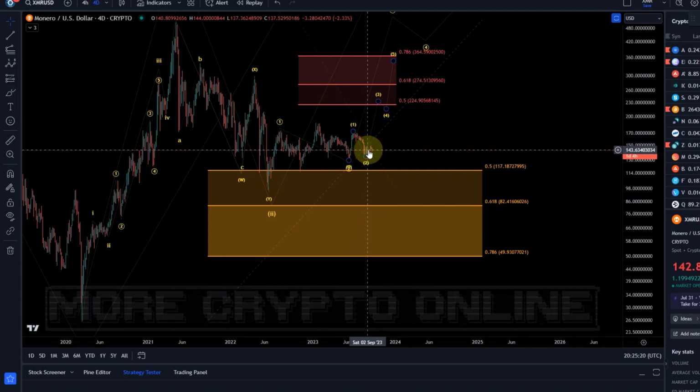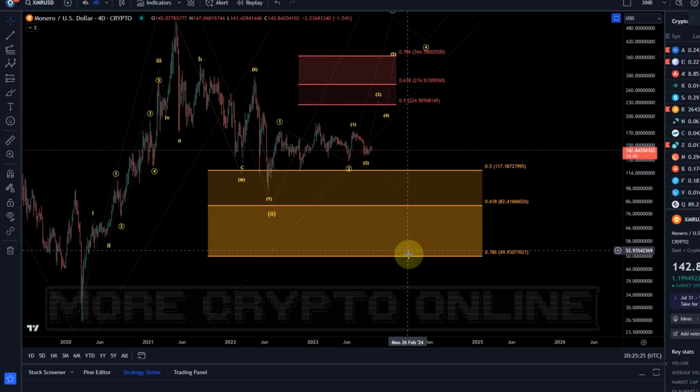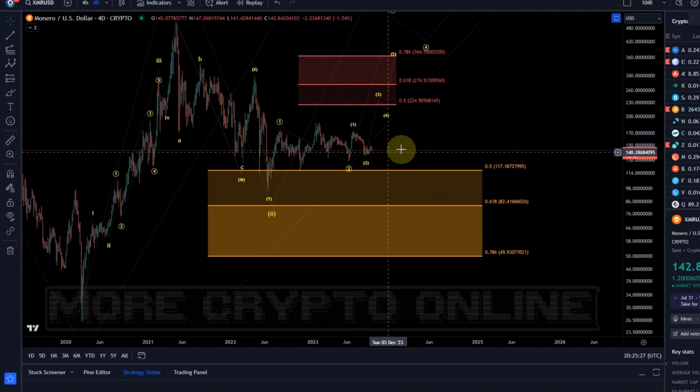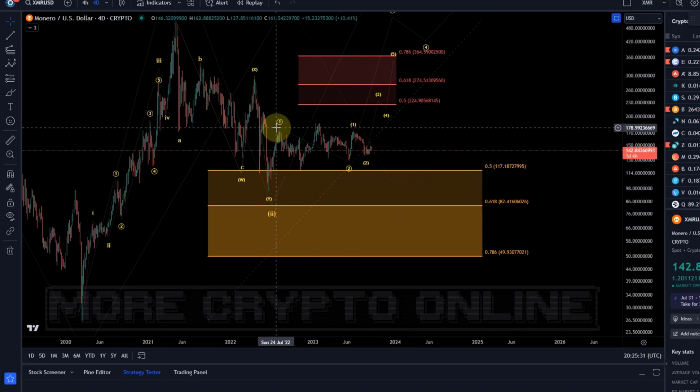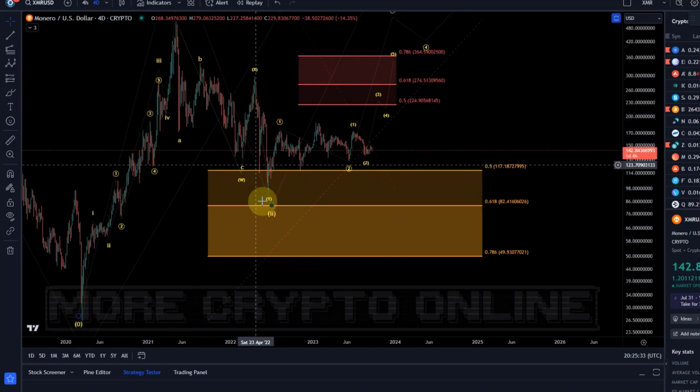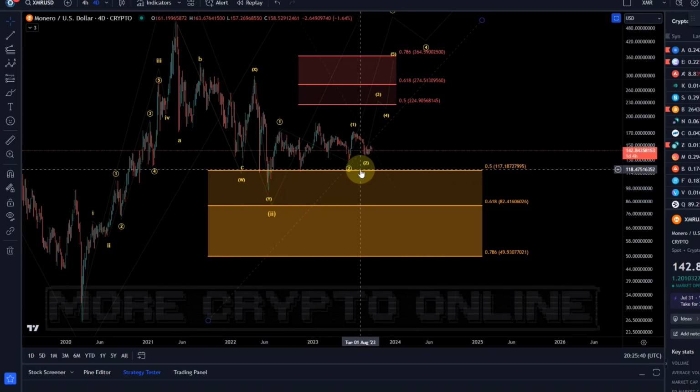I think it is still very likely to see another low here, and then $82 would be key support and $49.90. But at the moment, as long as we are holding above support, because we had 5-wave structures to the upside, yeah, and corrective cycles are complete, and we're holding above support, potentially it's moving higher from here, yeah.